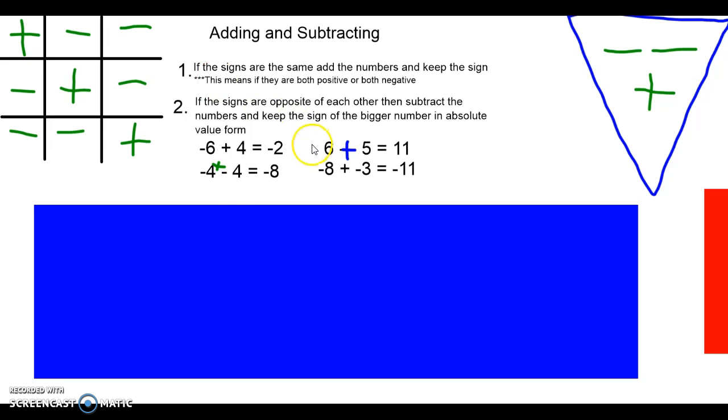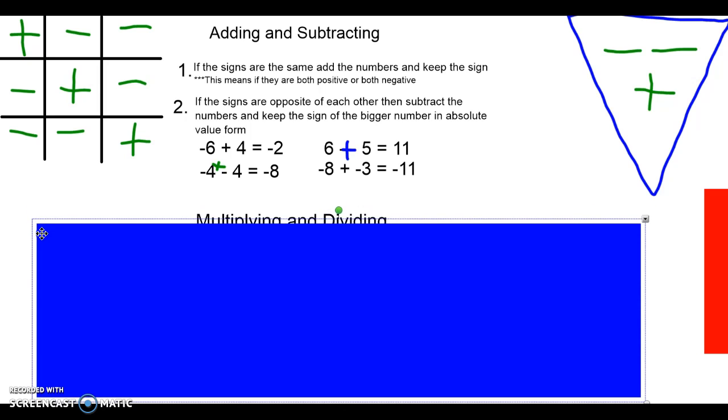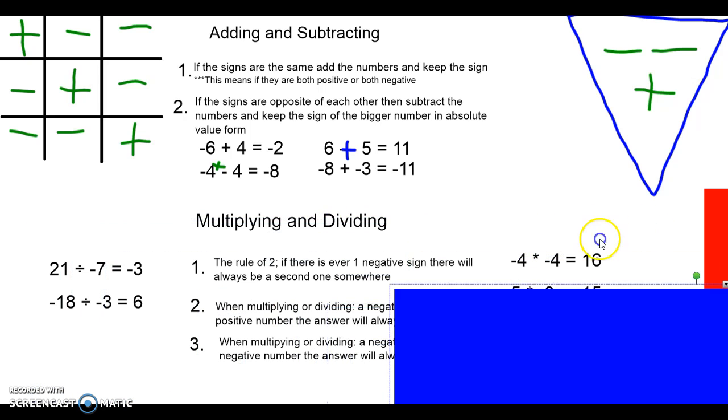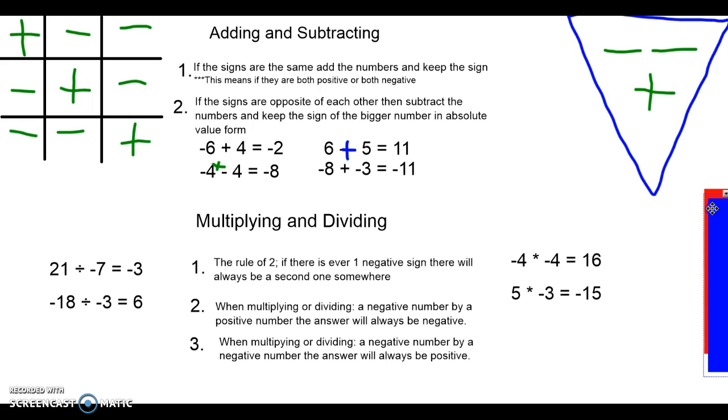And the last problem here, we have negative 8 plus negative 3. We have two negatives, so we're going to add them together and keep our negative sign, and that's how we get negative 11.